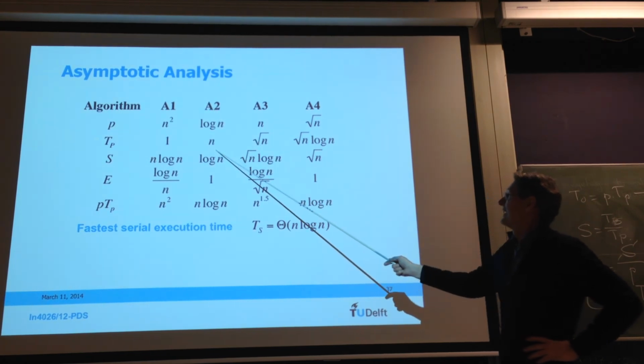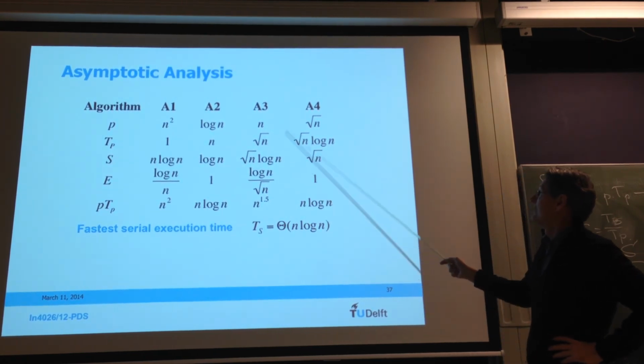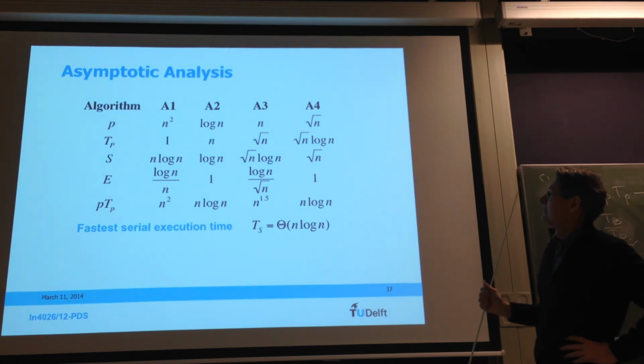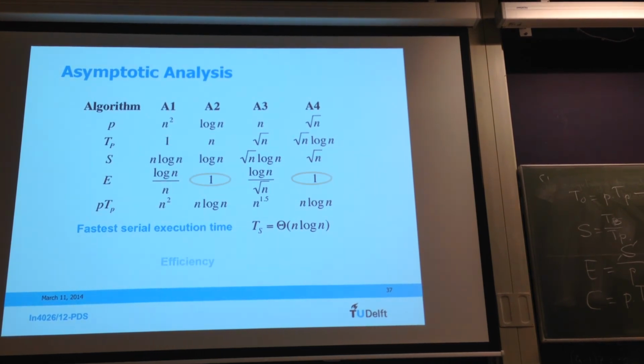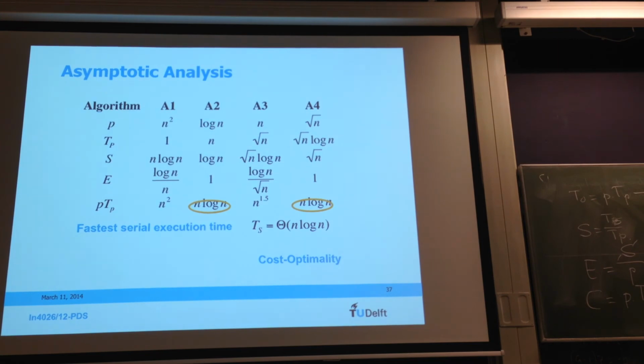But for A2 it's n, and for A3 it's square root of n, and for A4 it's something else. So it's a bit dependent on what we optimize for, right? So if we optimize for speed, then algorithm A1 is the fastest because it's one step. Right? If we optimize for efficiency, then A2 and A4 are good candidates. If we focus on cost optimality, then A2 and A4 are suitable candidates.